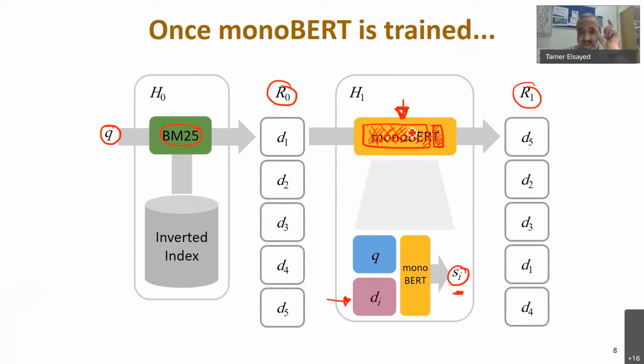So that's input here to BERT, and then the CLS token's embeddings go to the classifier, and then the classifier tells me Si for each pair of query and document. Is that clear? Yes.